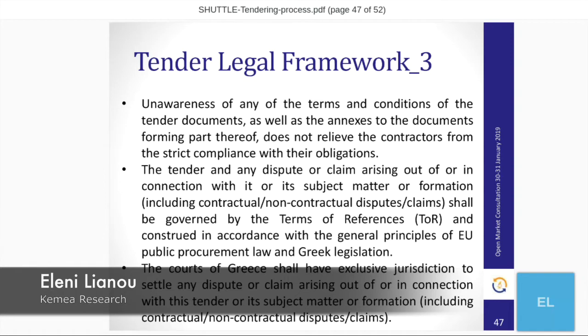The tender and any dispute or claim arising during or in connection with the call for tenders is under the public procurement law and the Greek legislation. And as the procurement will be governed by Greek law, the courts of Greece will have exclusive jurisdiction to settle any dispute or claim arising during the whole procedure.